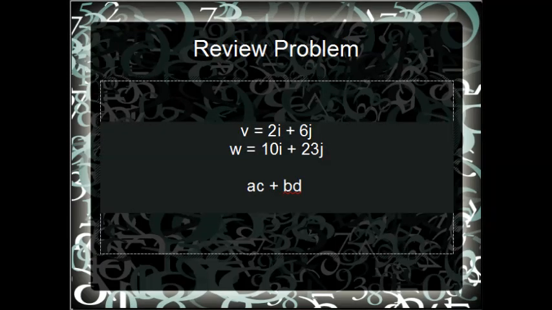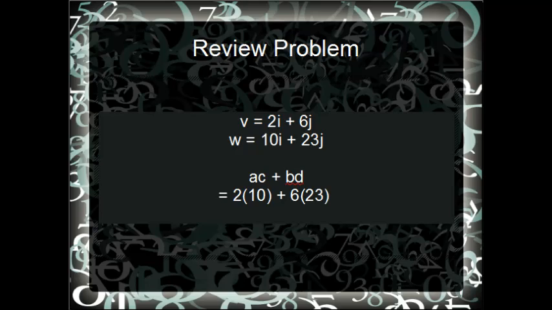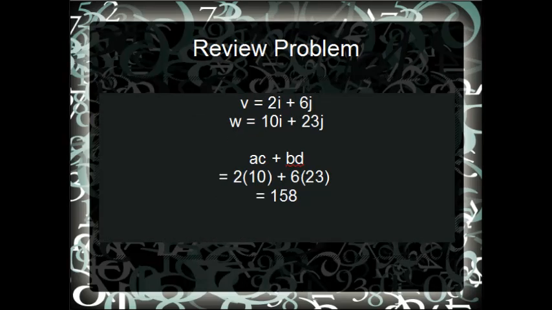From the previous lesson, we know that the dot product is equal to AC plus BD. And from that, we can set up our problem as 2 times 10 plus 6 times 23 to get an answer of 158.